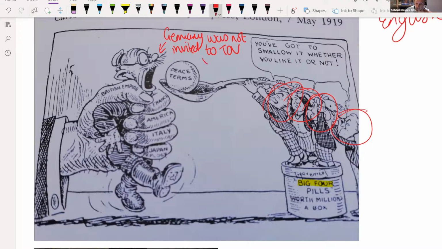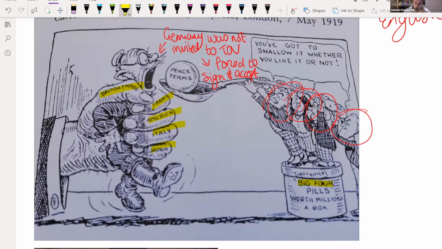So they were forced to sign it and accept it. And that was absolutely horrendous in Germany. Some of the people who were sent to sign the Treaty of Versailles were killed when they got back to Germany. So we've got here the people who were forcing it on them. So the British Empire, France, America, Italy, and Japan, who all become the leaders of the, well, apart from America, become the leaders of the League of Nations.